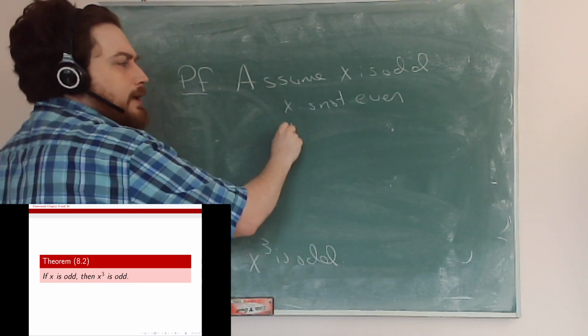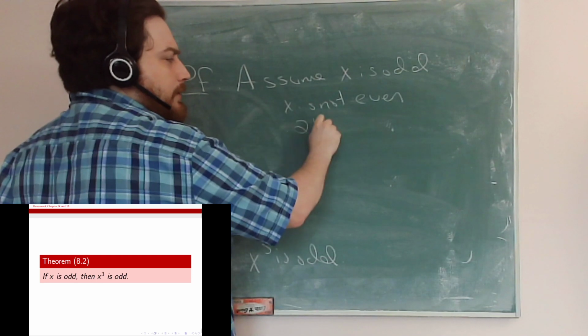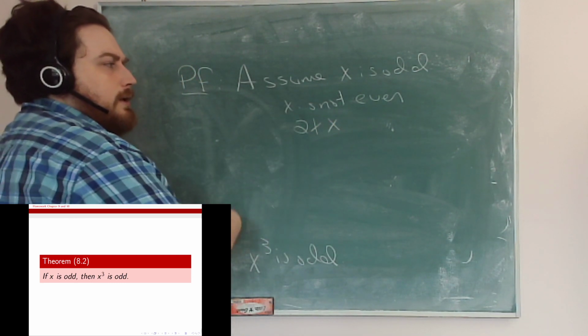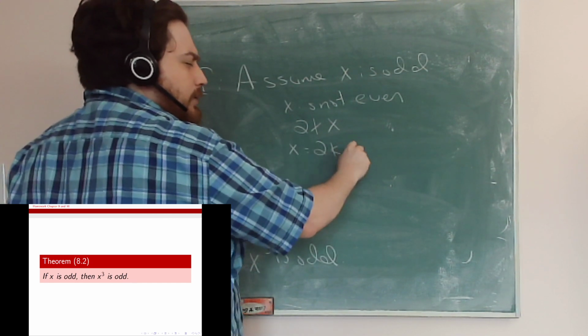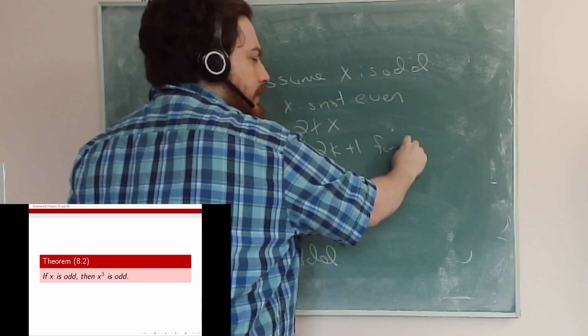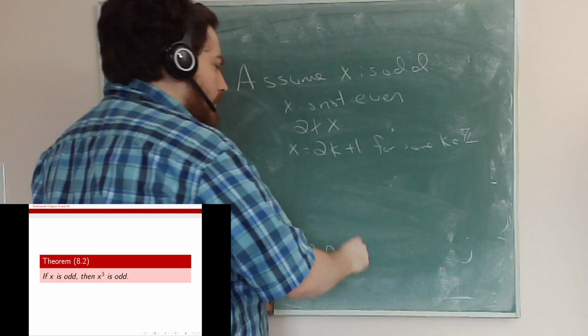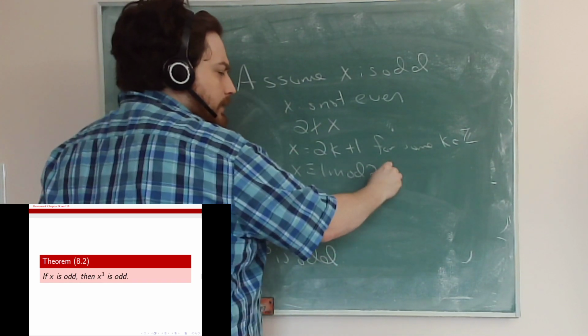We can write that x is not divisible by 2, so 2 does not divide x. Or we can write that x is equal to 2k plus 1 for some k in Z. Or we could have that x is congruent to 1 mod 2.